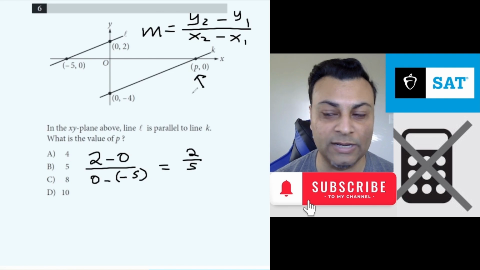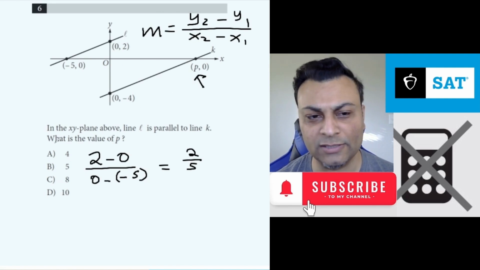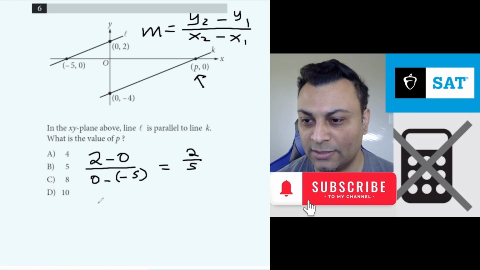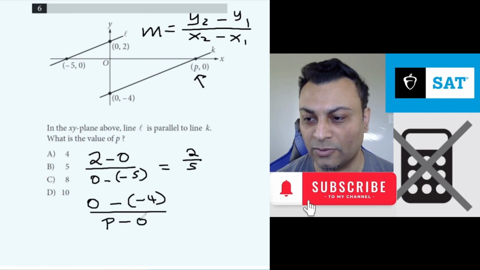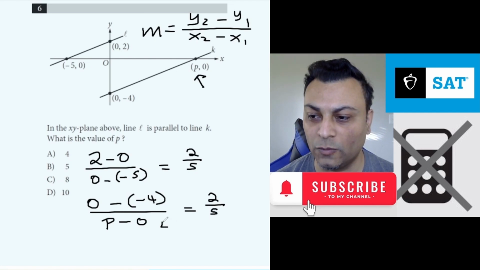So the slope of line K has to also be 2/5. Let's find the slope of line K. It's 0 minus negative 4 over p minus 0, and that must be 2/5. So from here, 0 minus negative 4 is 4, and the bottom is p, equals 2/5.